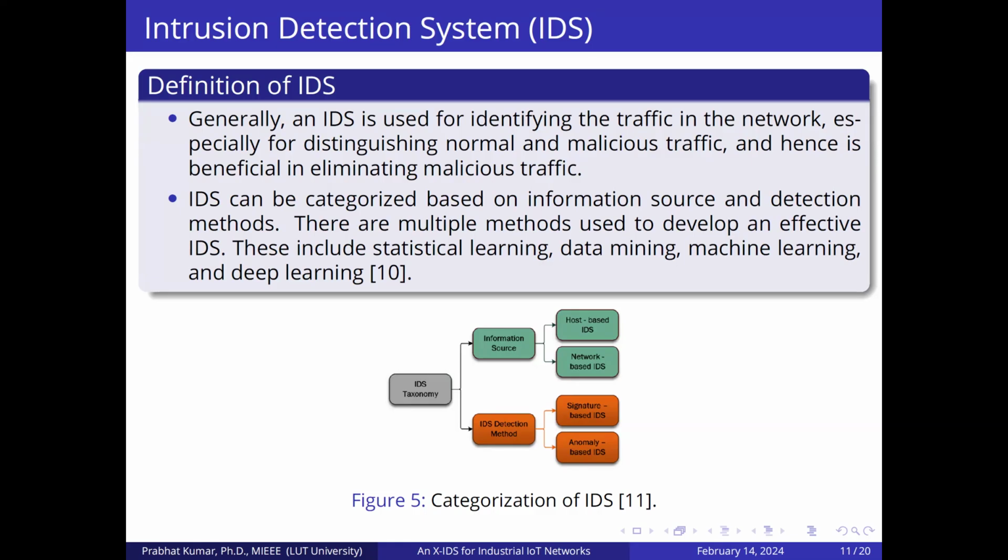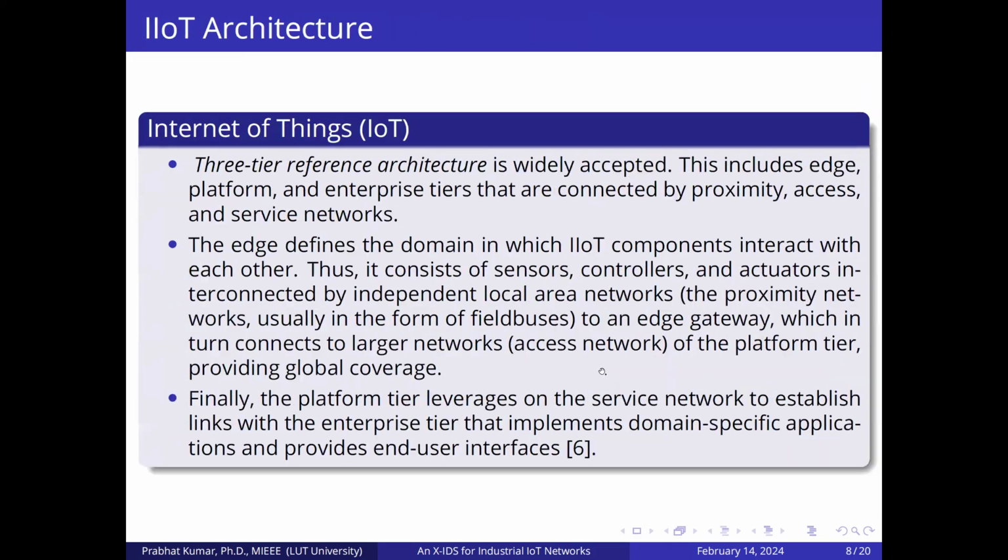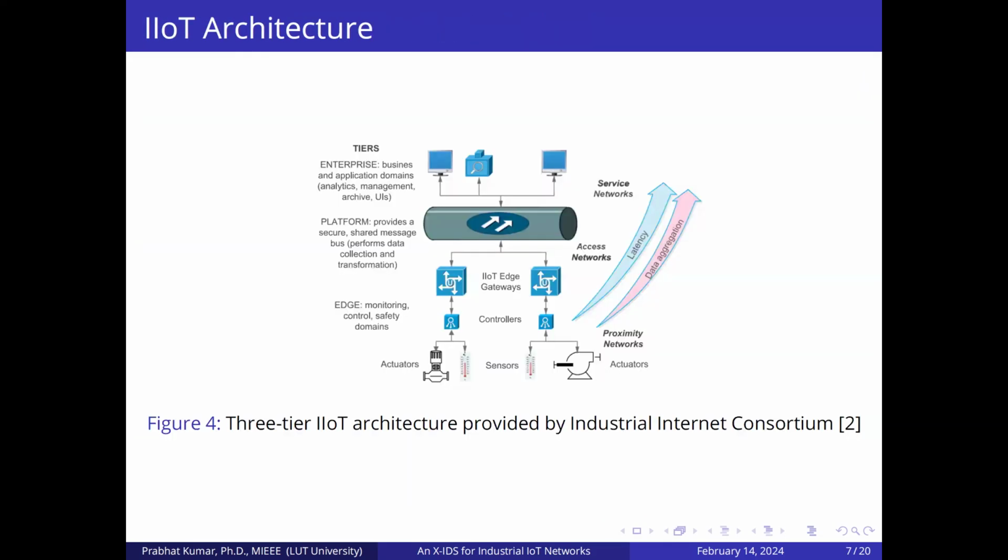The second one is the network one. If I go back to the same diagram, we have these edge gateways, which connect different actuators and sensors in different sections. You can also deploy this IDS on these IoT edge gateways, so that they can be very close to the edge devices, and based on that they can give you the decisions.